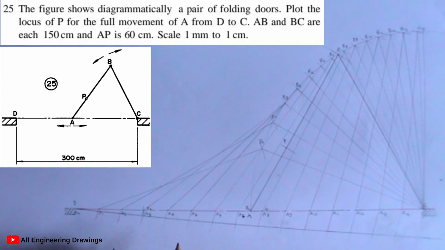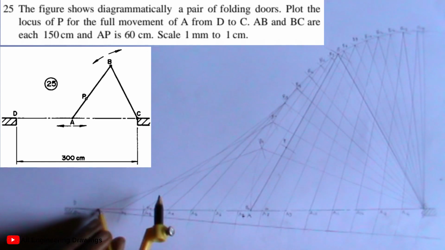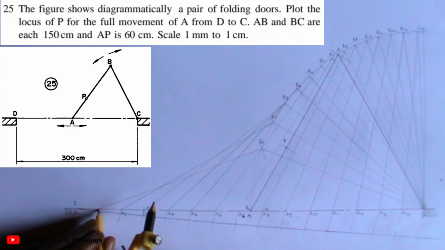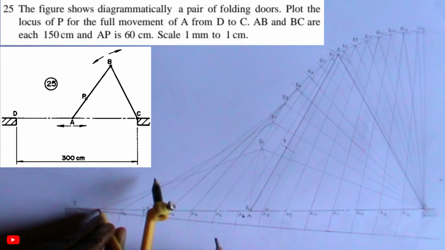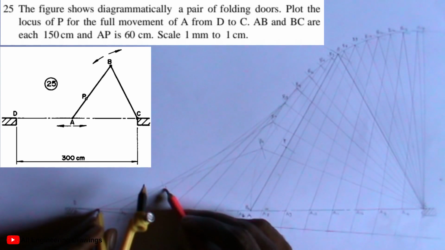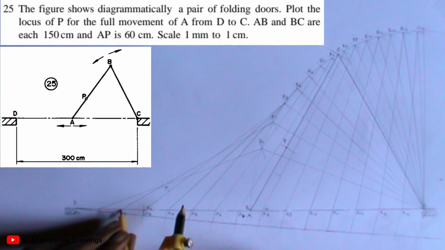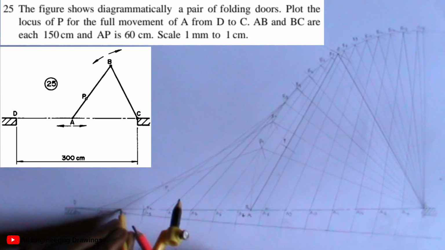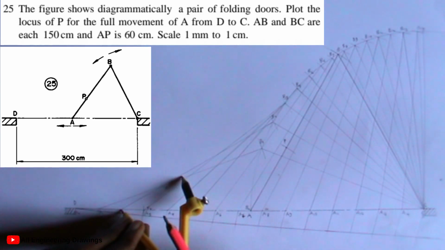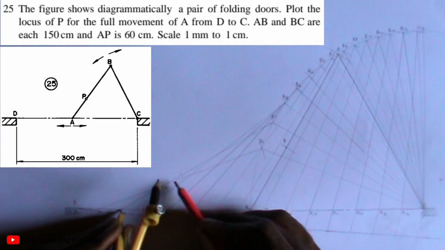So next to my A1, then I will cut arc on line A1B1. So I will call the point P1. So next to A2, so I will cut an arc on my A2B2. That is the line A2B2. So I will call the point P2.